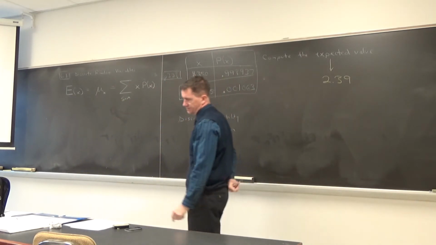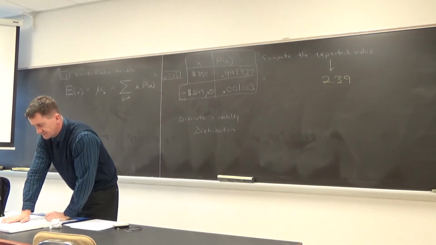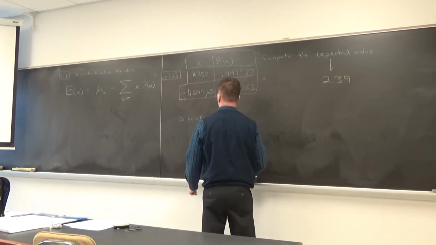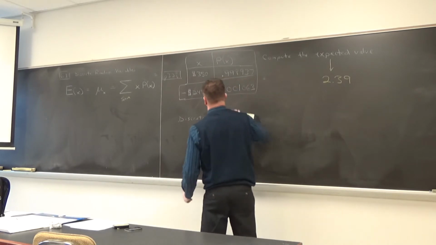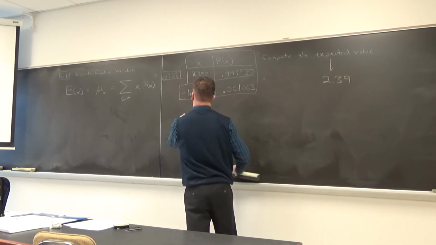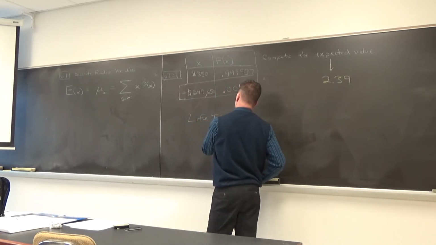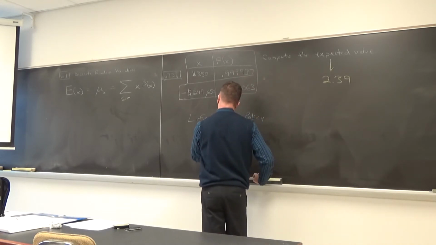All right. And I'll describe exactly what this is. And when this is we got another discrete probability distribution here, right? This is a life insurance policy for an 18-year-old male.